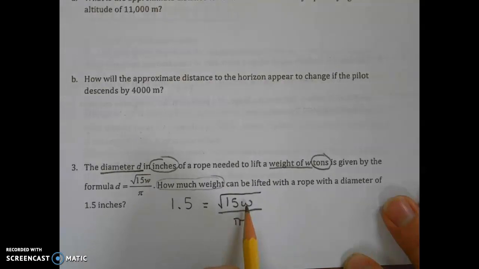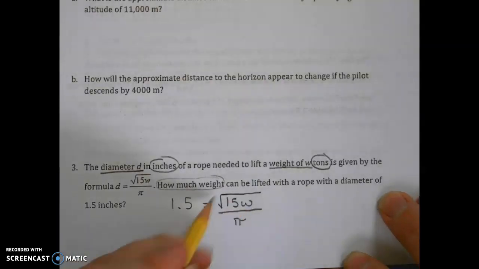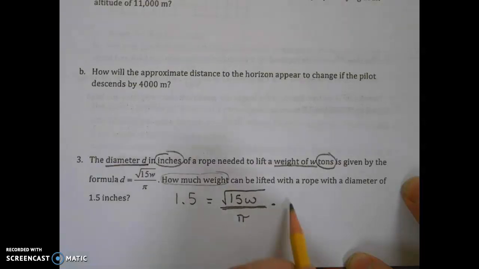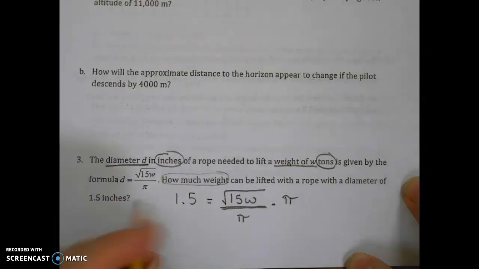So in other words, we're going to be solving this equation for W. To solve for W, remember we want to isolate the variable. So to isolate the variable, we have to get rid of this other stuff. We're going to start by undoing the division here. The inverse of divide is multiply, so we'll multiply by pi on both sides.